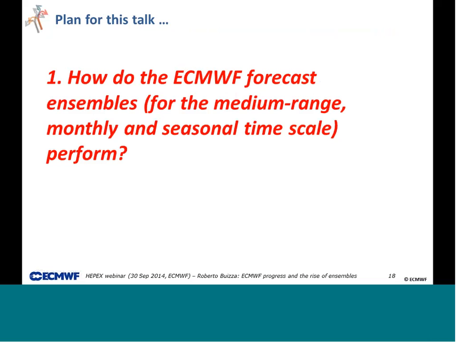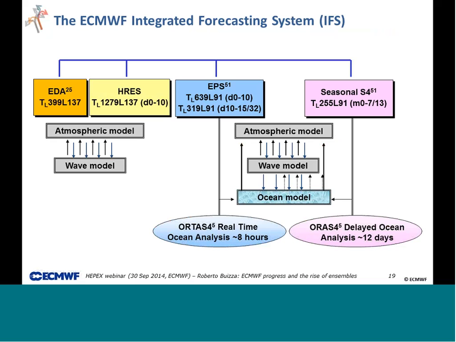So we look at why ensembles are more valuable than a single forecast. We look at how ensembles are now used at ECMWF, and I want to show you a few plots of how our medium range and monthly and seasonal timescale forecasts perform. I might skip some of the slides, but you will have access to them from the web. These are the systems that we are running today at ECMWF.